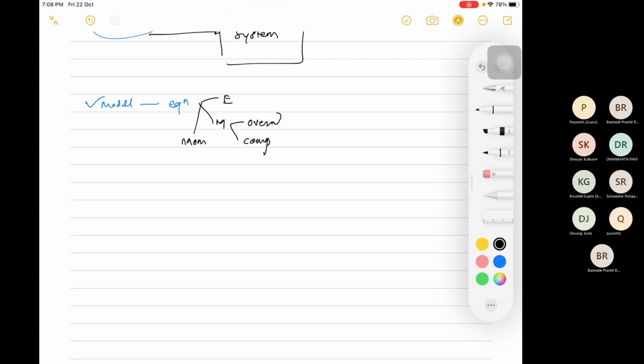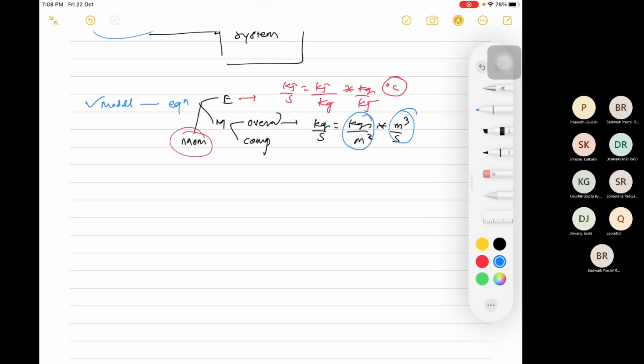We do not cover momentum here, but for energy, the unit is kilojoule per second, which is kilojoule per kg times kg per second, and there is involvement of degree Celsius, because there will be a CP value. In overall balance, it is kg per second equals kg per meter cube into meter cube per second. So this is your volumetric flow rate and this is your density.